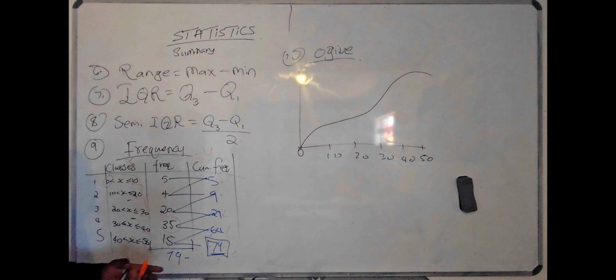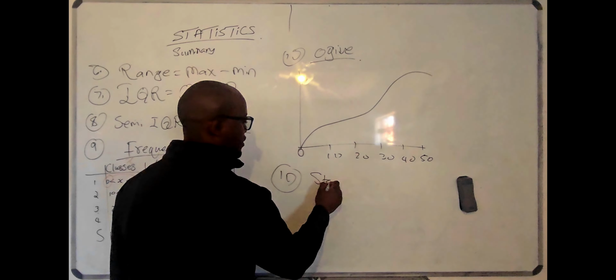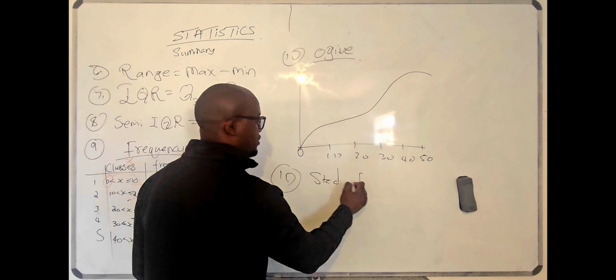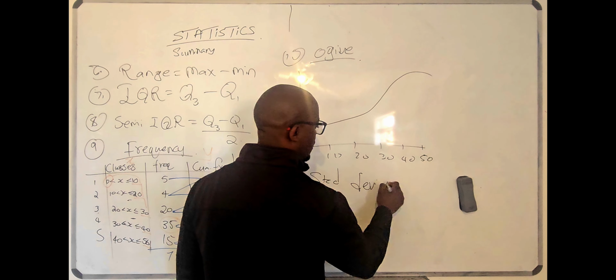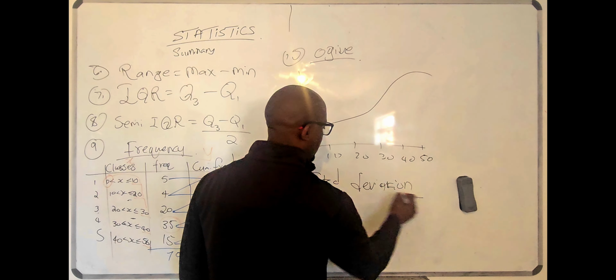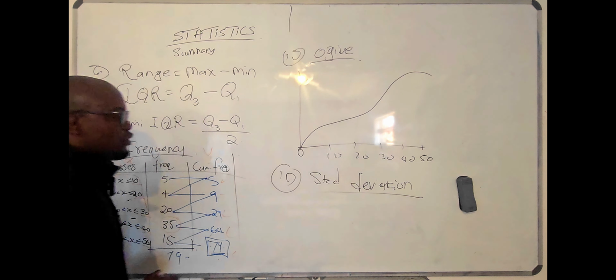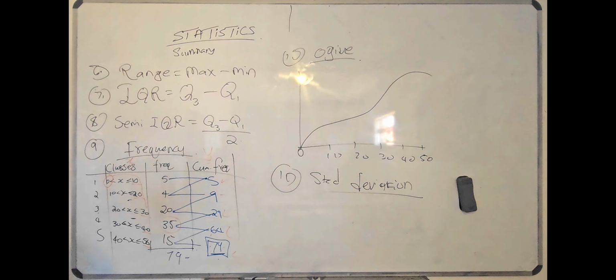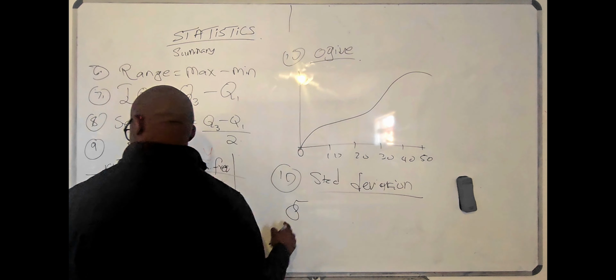Okay, number 11, standard deviation. The things that we need to know here: we need to know the formula. Standard deviation is given by this, even on your calculators.